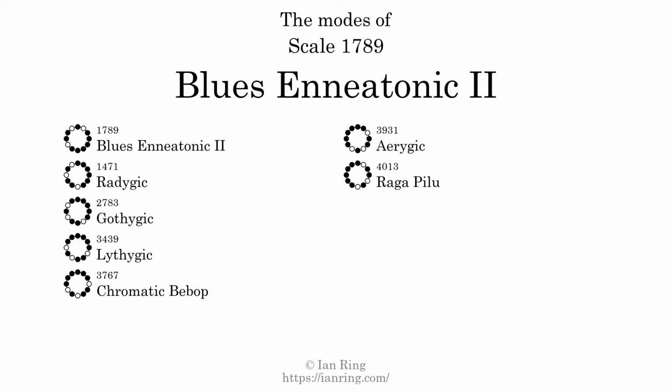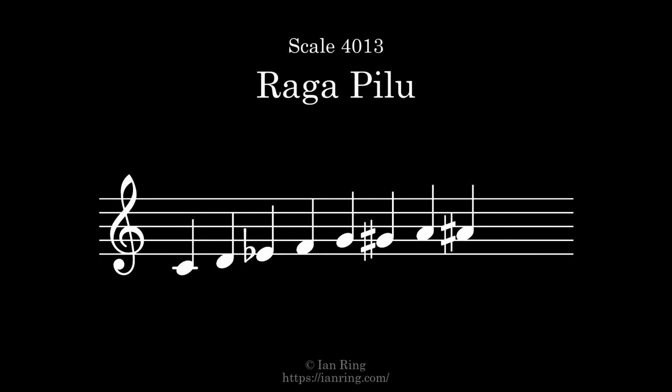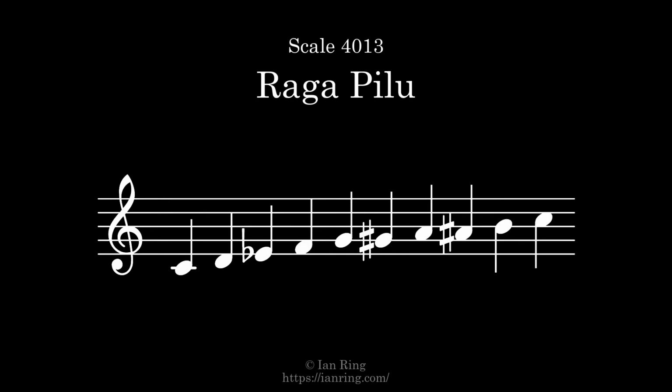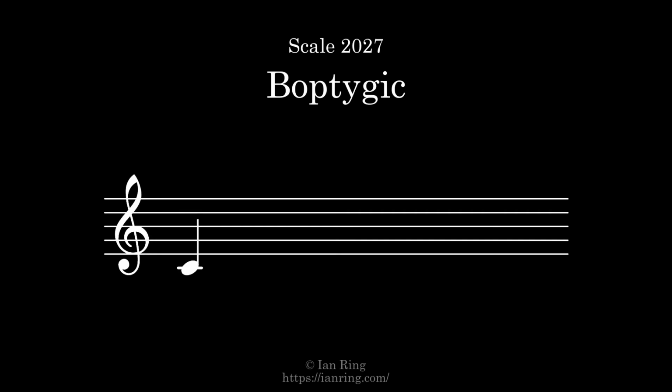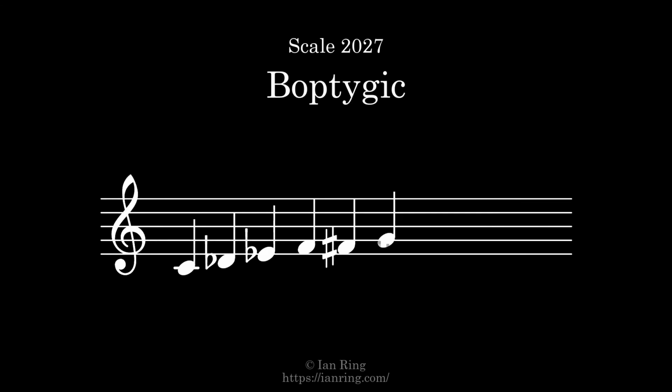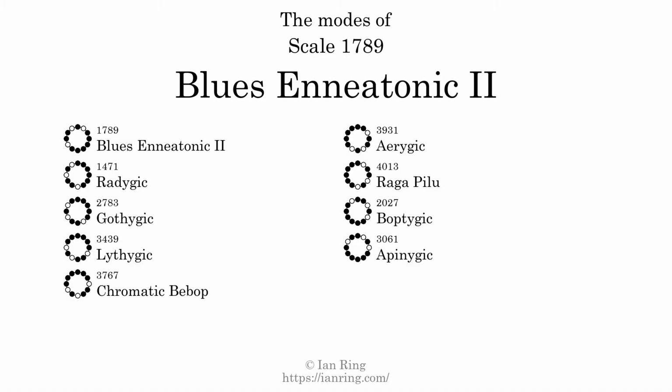It sounds like this. The eighth mode is scale 2027, also known as boptagic. It sounds like this. The ninth and last mode is scale 3061, also known as apanagic. It sounds like this.